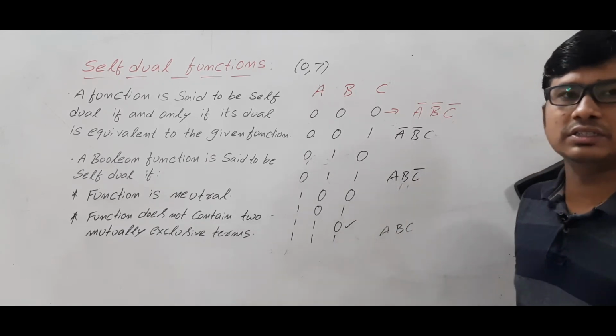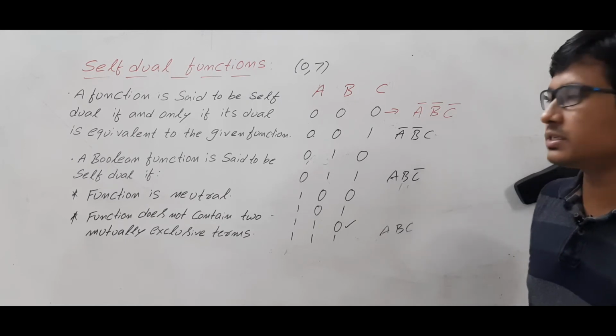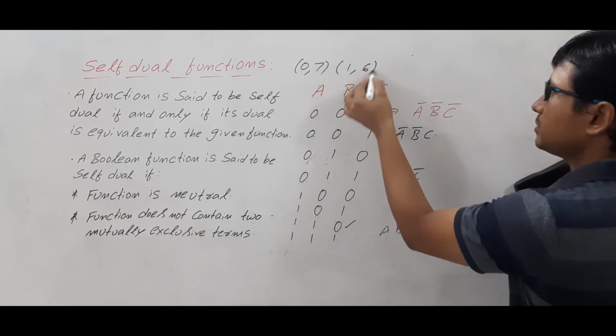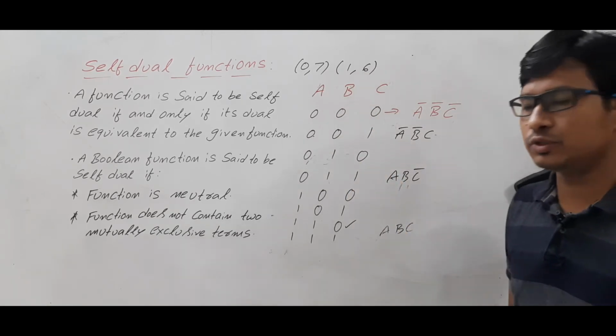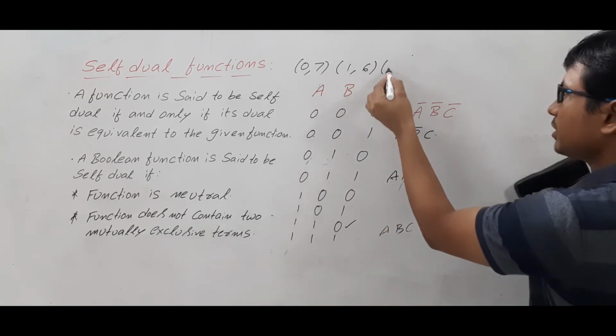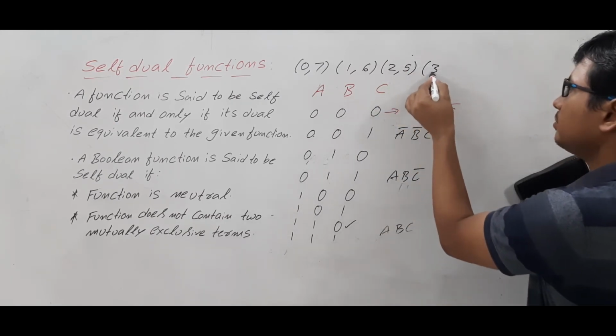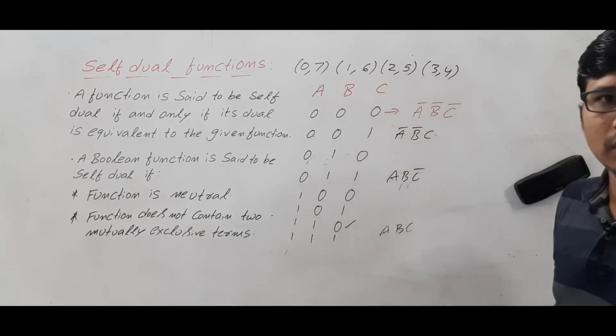The equivalent decimal number of 1, 1, 0 is 6. Am I right? So for 1, the mutual exclusive term is 6. For 6, 1 is the mutual exclusive. Similarly, for 2, 5 is the mutual exclusive term. For 3, the mutual exclusive term is 4. Are you able to understand?